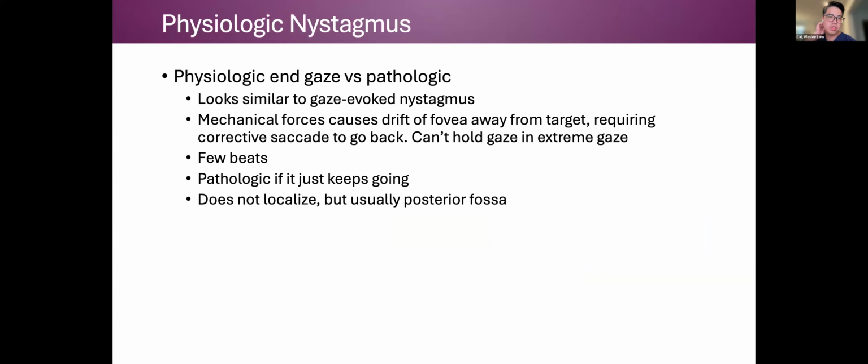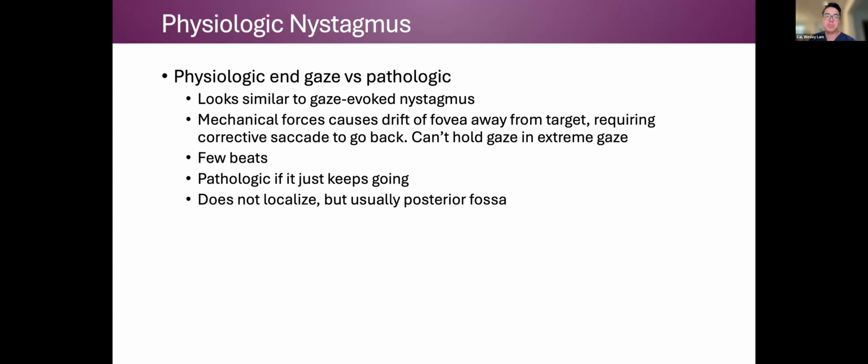An important distinction, especially for me when I'm doing physical exams, is physiologic nystagmus versus pathologic. Physiologic end gaze nystagmus is when I make the patient follow my finger, and their eyes go too much to one side, and the mechanical forces then stop you because you're at an extreme end of gaze.